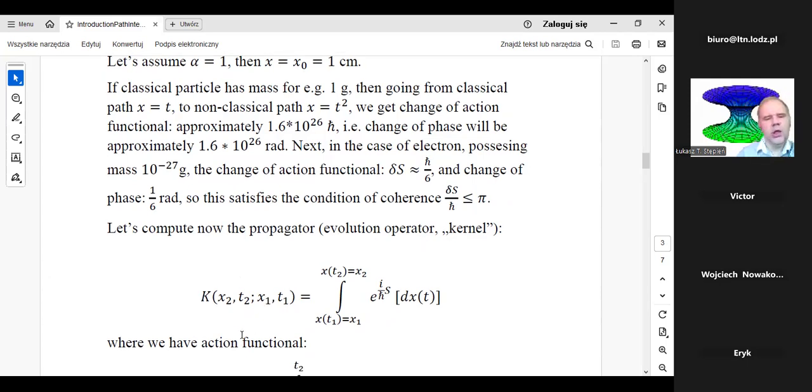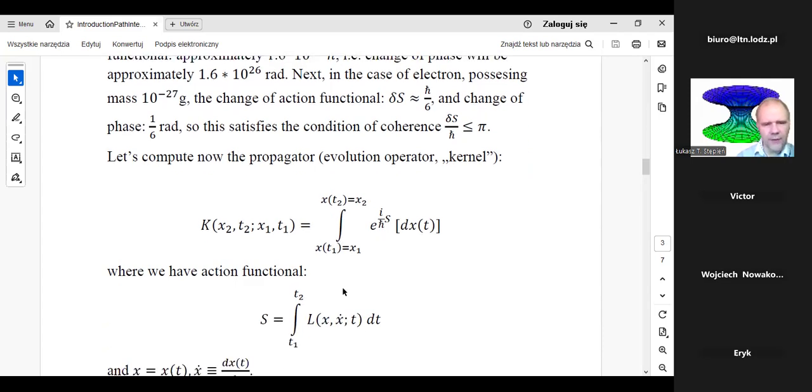And we assume in general that a particle starts from the point x1 in the time t1, and the particle finishes its moving in time t2 in the point x2.